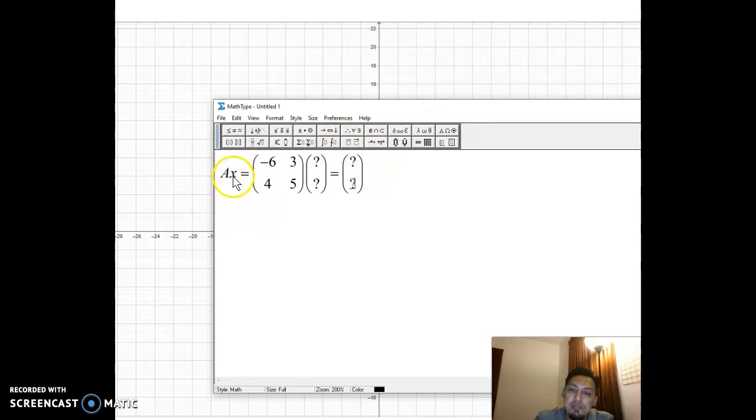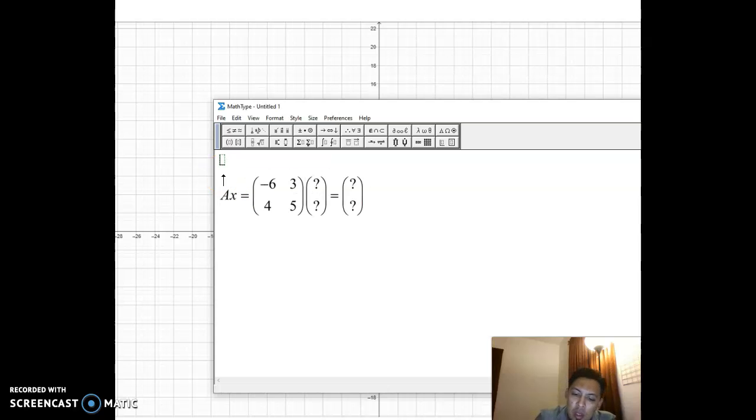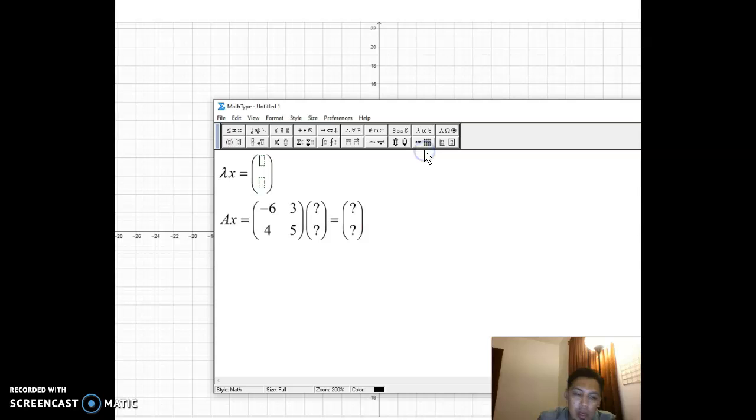Previously what we did is we multiply a vector, right? So previously we have 1 1, let's say, and we multiply with 5. That gives us 5 5.